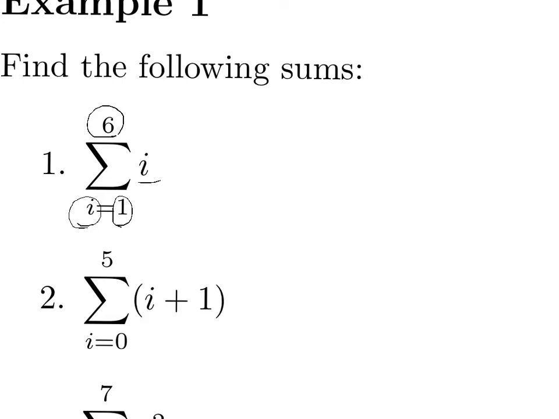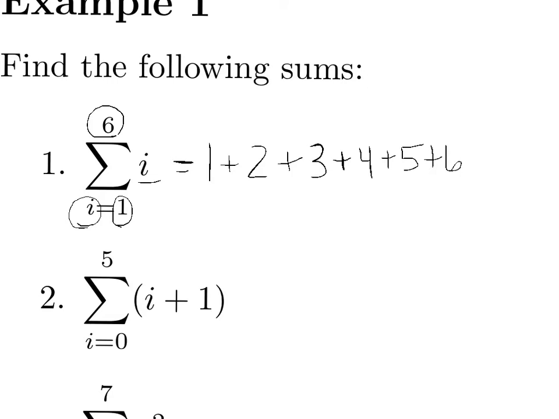That means wherever we see an i, we're going to start with 1, and we're going to add every term incrementing by one integer value. So this is going to be equal to 1 plus 2 plus 3 plus 4 plus 5 plus 6, and stop there. That's what that means. Any questions about how that works?